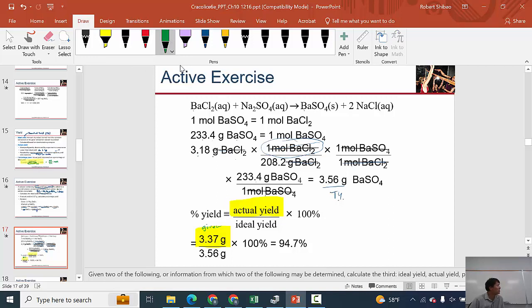So that means they lost how many grams of product? 0.19 grams they lost. You see that? And so that 0.19 grams turns out to be a 5.3% loss. Or in other words, this is 94.7% yield. And this is called the percent yield.